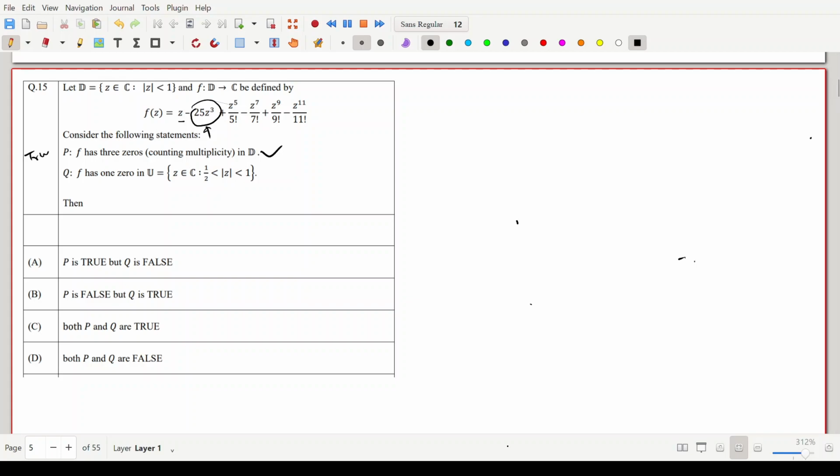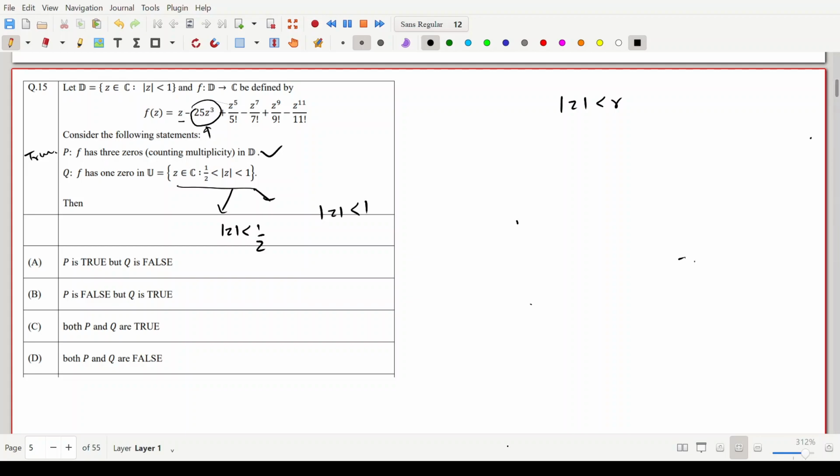This is true. Now let us try to find Q. See, I have the Rouche's method for this type of function, mod z less than some r. For this type of domain, I am having that condition. What I am going to do is break this domain into two parts. The first part I am going to take mod z less than half, and the second part I am going to take mod z less than 1.